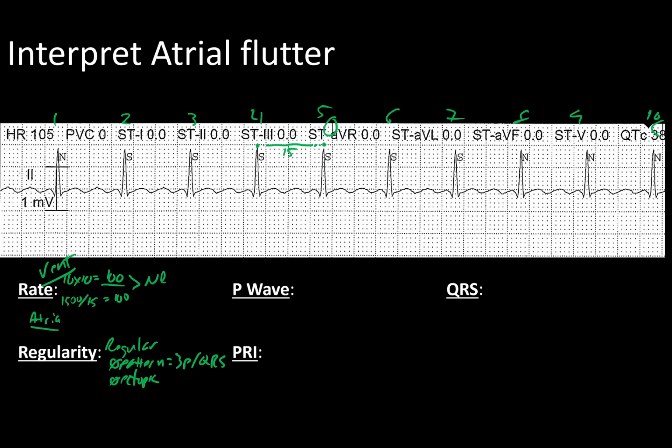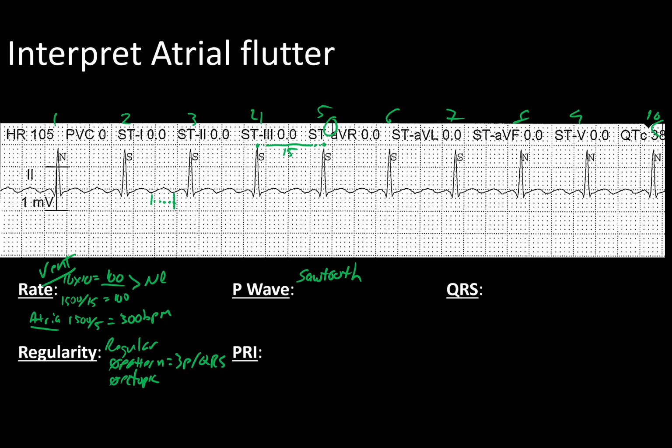And so we'll just go from the start of any of these P waves, which is right here, to the end about here. And so that's 1, 2, 3, 4, 5. 1500 divided by 5 gives you 300 beats per minute for your atrial rhythm, which fits in with the sawtooth appearance that all of this has.